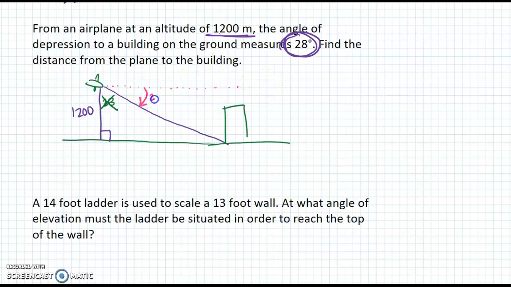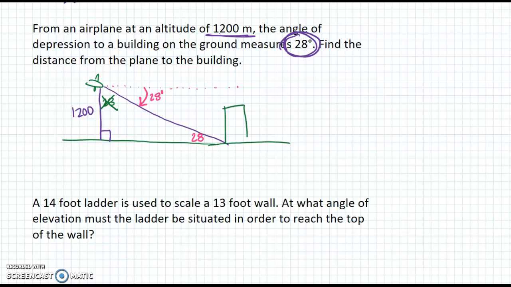That is 28 degrees, which conveniently, this imaginary horizontal line and the horizontal line that represents the ground would be parallel. So if this is 28, this would also end up being 28, which kind of works out nicely because they're alternate interior angles.